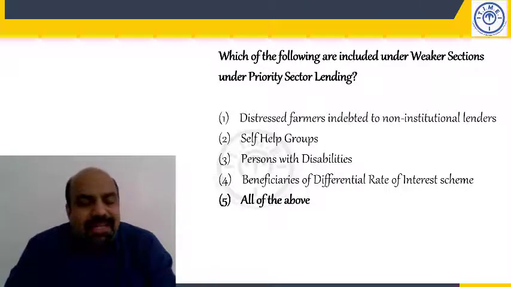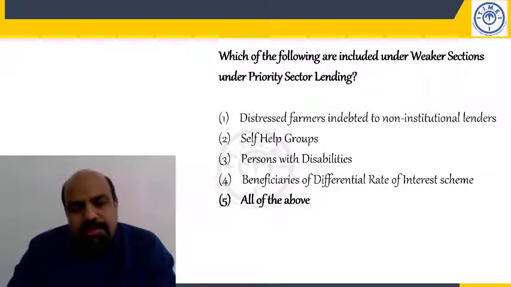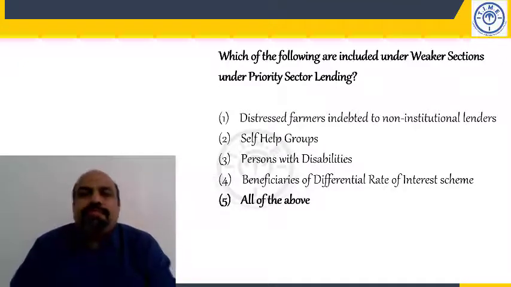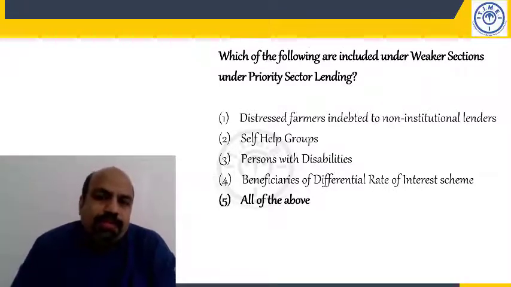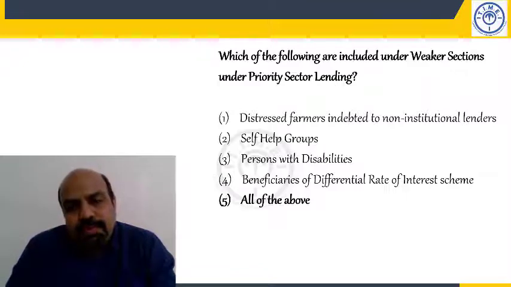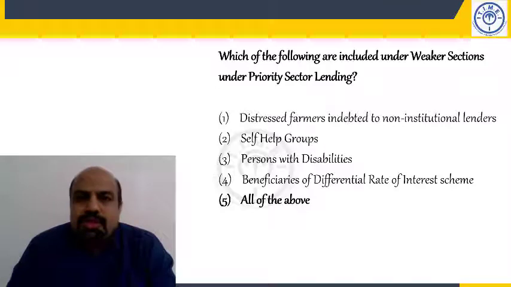One, agriculture, dash 18%, comma, about 40% of which is reserved for small and marginal farmers.